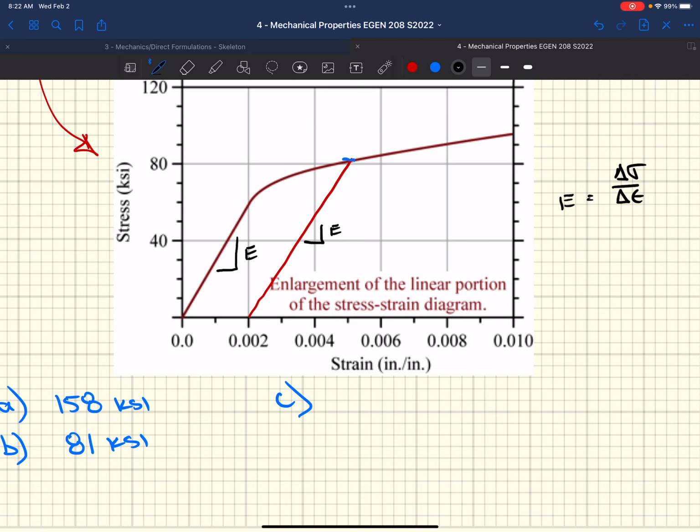If we use the 0.002 offset method, we're going to have some change in stress over some change in strain. So what would be our change in stress here? We just had it. I gave it 81. We go from 0 stress up to 81.